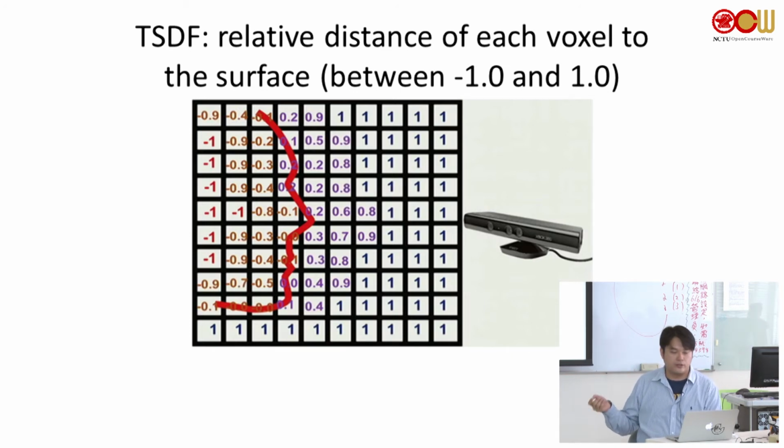If the voxel is far away from the sensor, the smallest value would be -1. You could see some of them over here. Here, the purple colors also have positive values from 0 to 1. And if the voxel is far away from this surface, all of them are 1s.